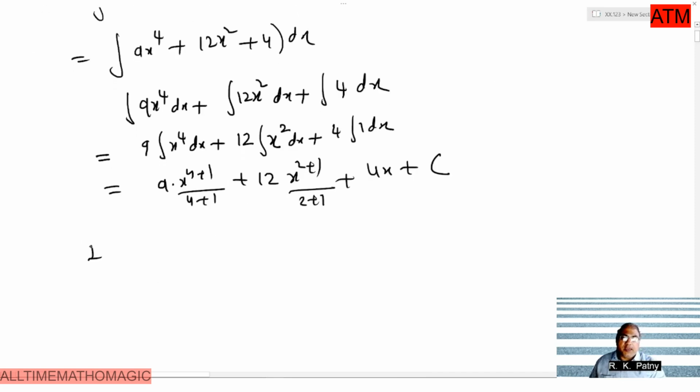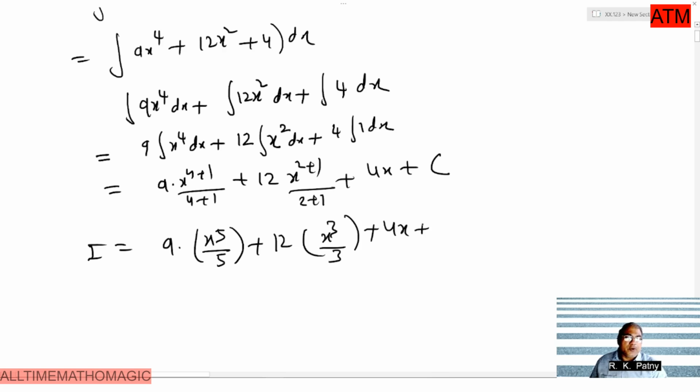Therefore I is equivalent to 9 into x raised to 5 upon 5 plus 12 into x cube upon 3 plus 4x plus c. So that is equals to 9 upon 5 x raised to 5 plus, 12 and 3, if cutting is possible you can cut them. So we got 4x cube plus 4x plus c. This is the required answer.